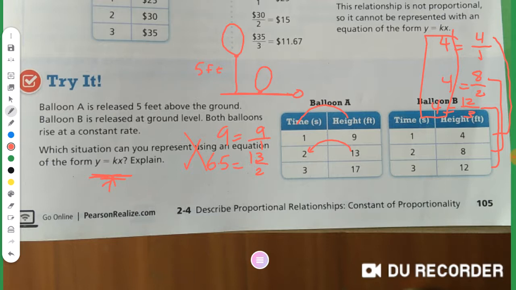So I can write it in the form y equals kx, and instead of k I write y equals 4x. The constant of proportionality here is 4. Okay, let's move to another example.